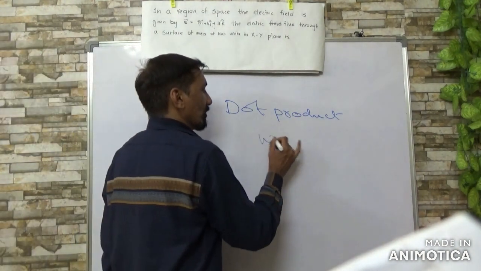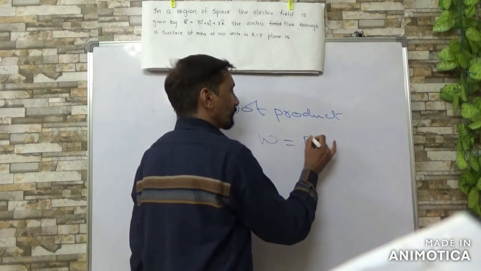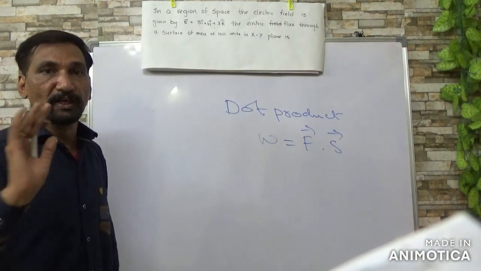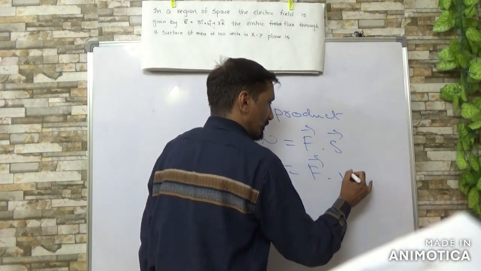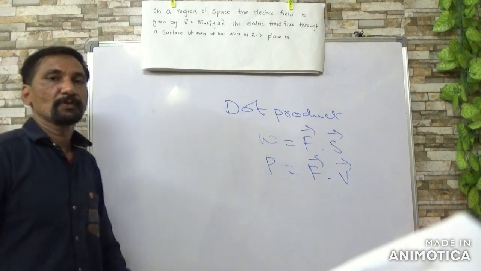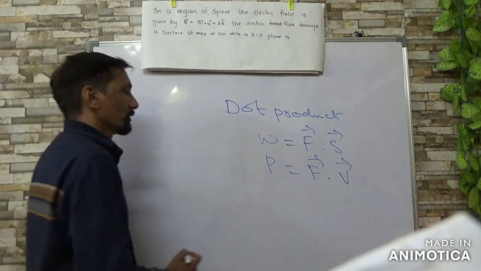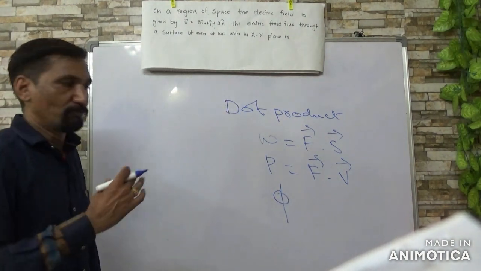So in physics we come across different dot products. Dot product of force and displacement gives work done. Power, force dot velocity, also gives power, a scalar quantity. Next, electric flux or magnetic flux.